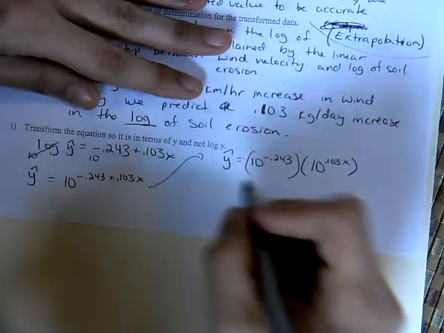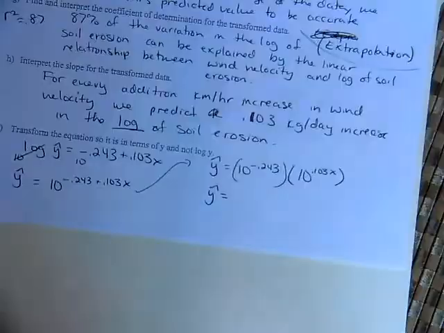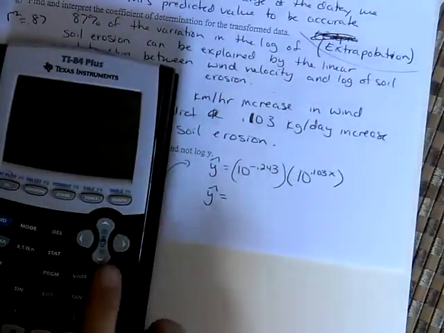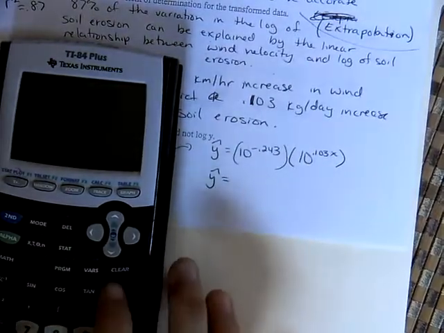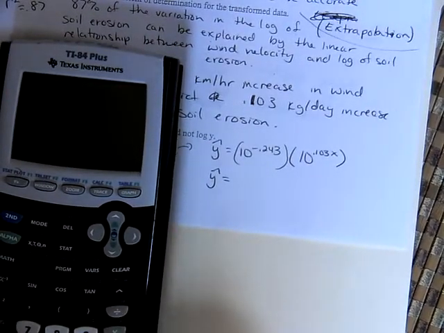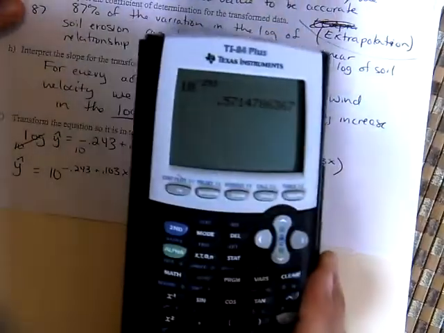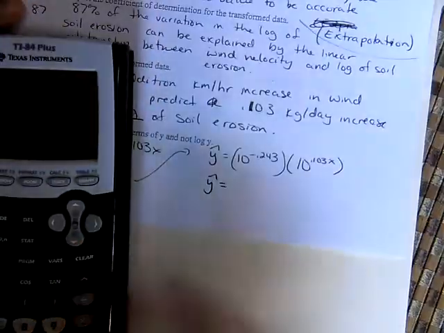Now, these are just numbers. So if I do 10 to the negative 0.243 power, I get a number, 0.571.